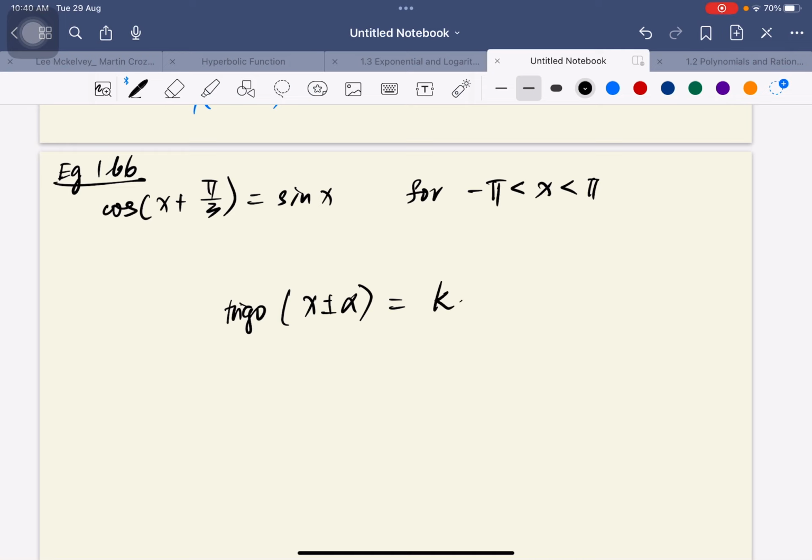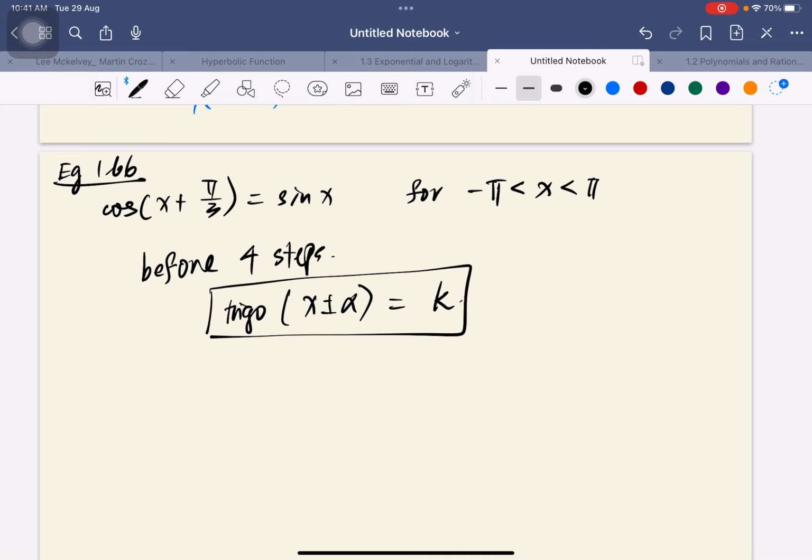It should always look like this pattern before you do the 4 steps.